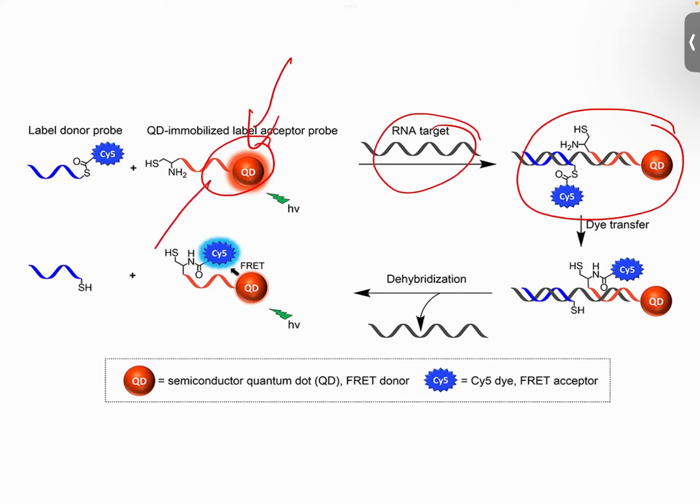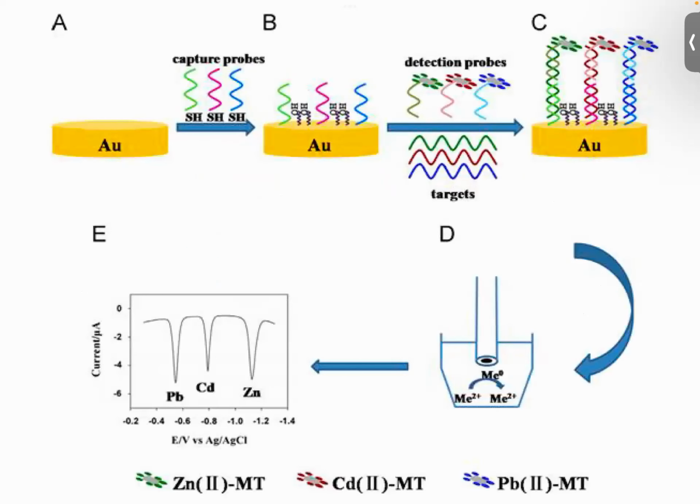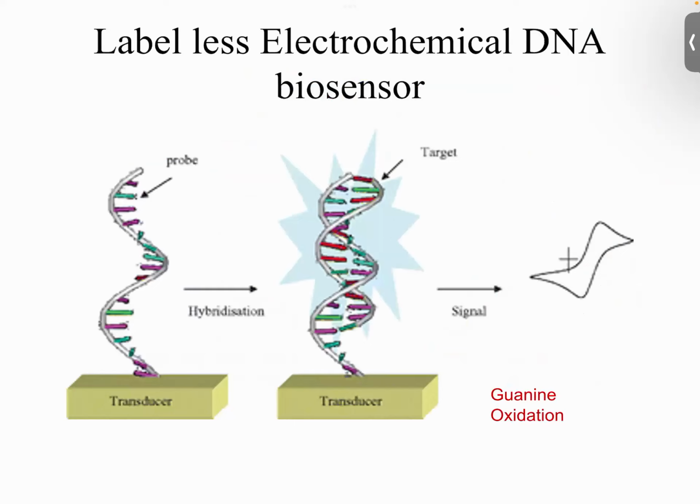But the process of combining metal nanoparticle with the DNA can be very tedious. It's quite difficult. So this is another example of using metal nanoparticle as the hybridization indicator.